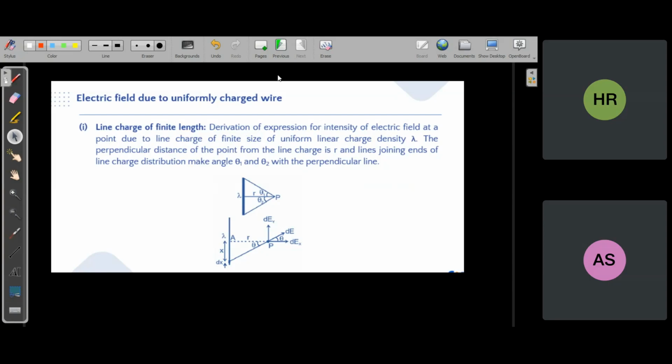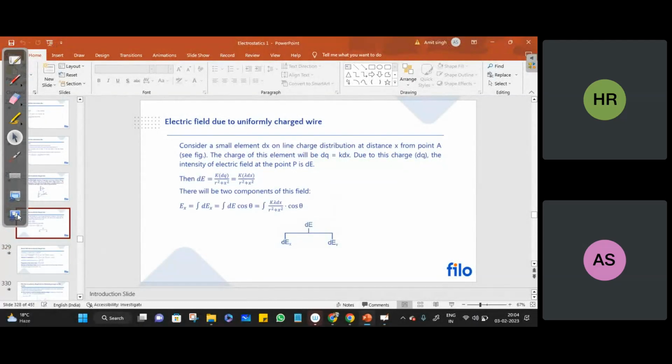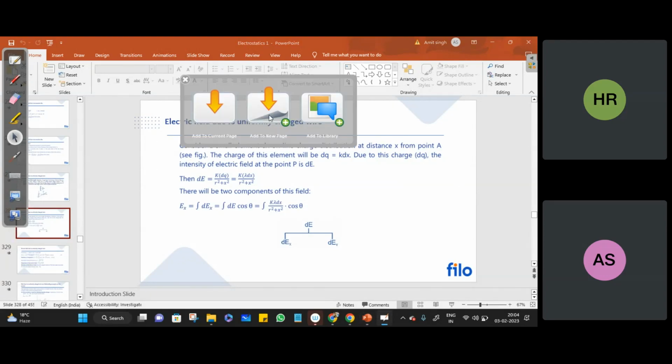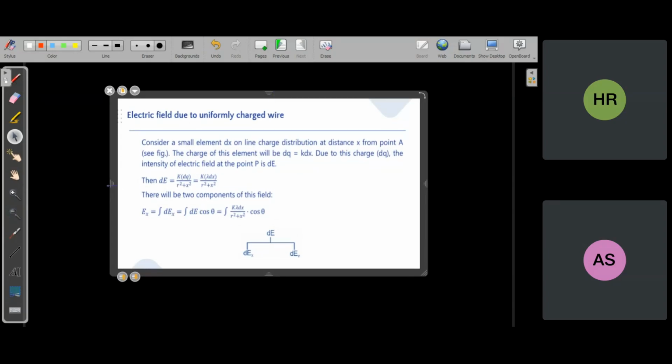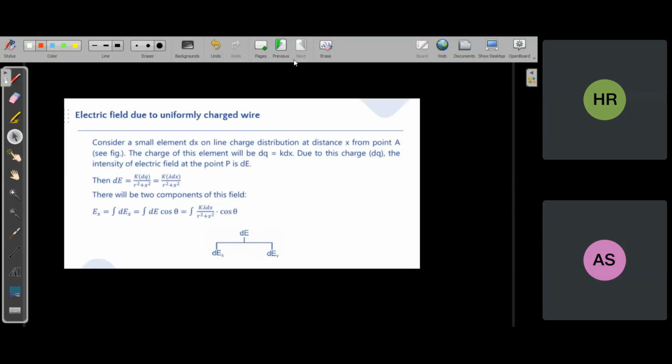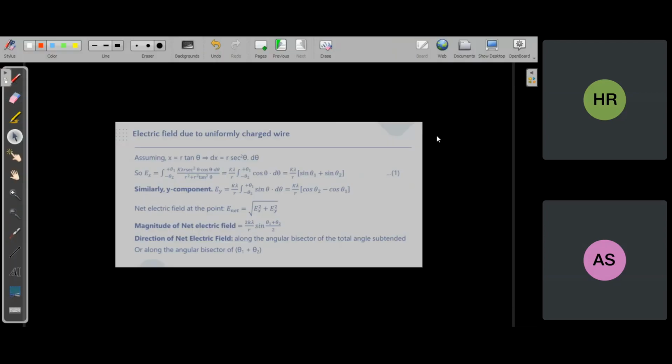You will take an element on the wire, you will find electric field because of that element, and then you will integrate. So try doing this from any standard book, because in every case it is the same thing, and you just need to understand few basics of integration, and you will be able to do.